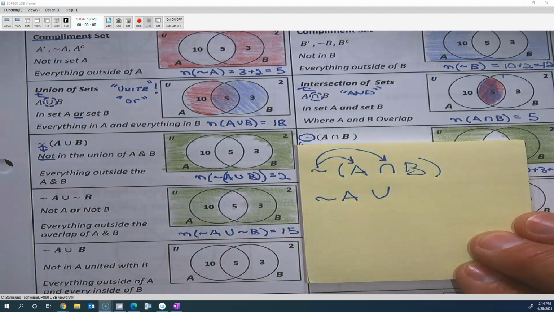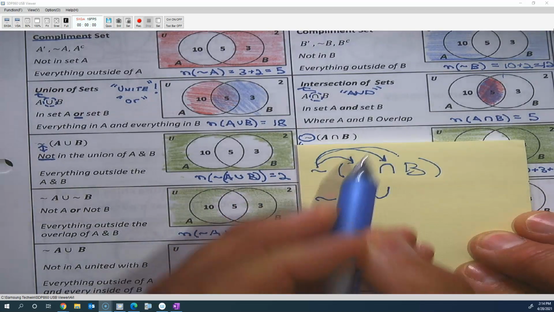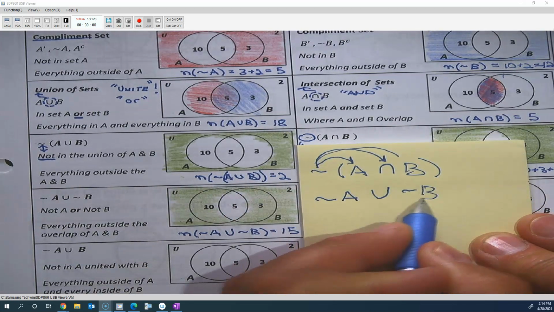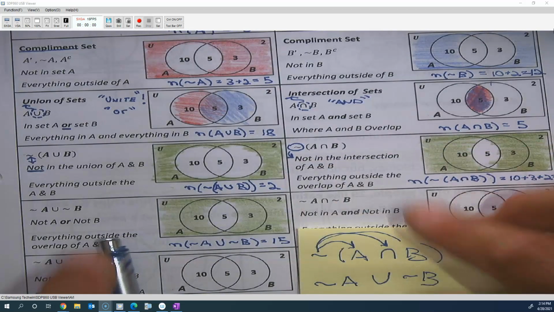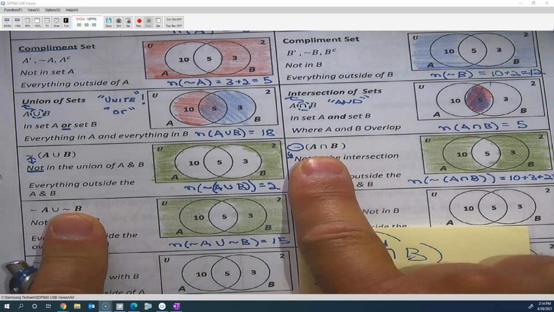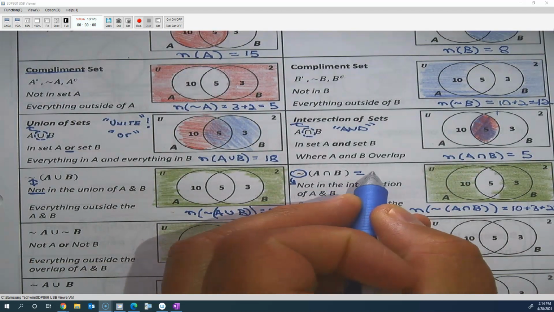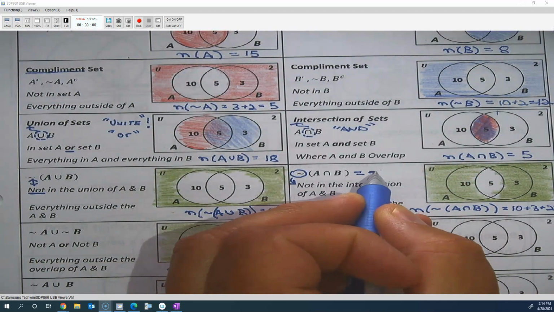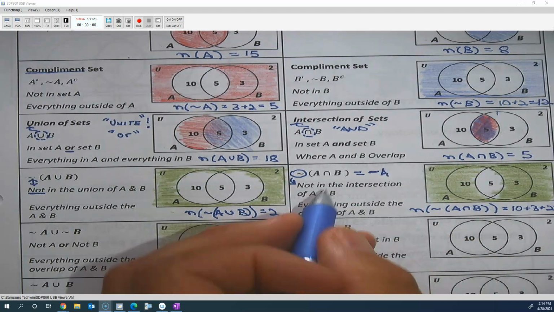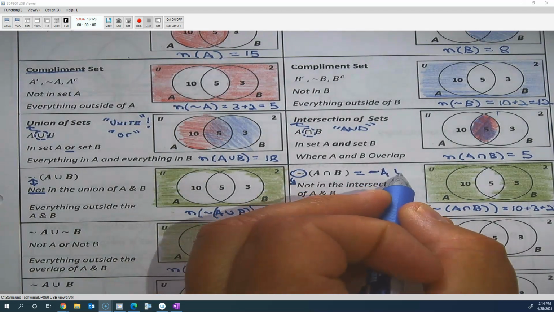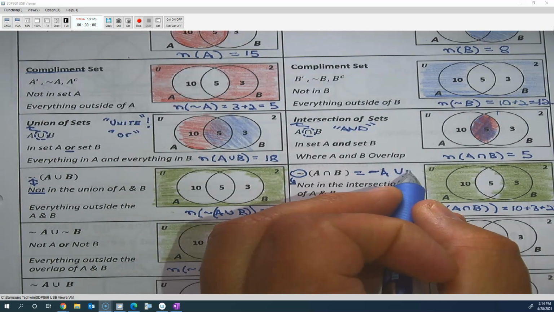I flipped it. Not B. So that's why these two things are the same. So this is the same as not A, flip your sign, union, not B.